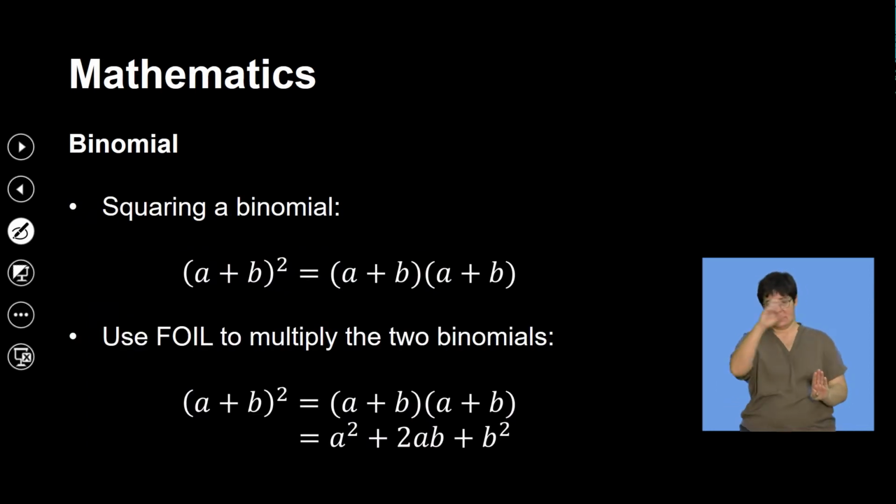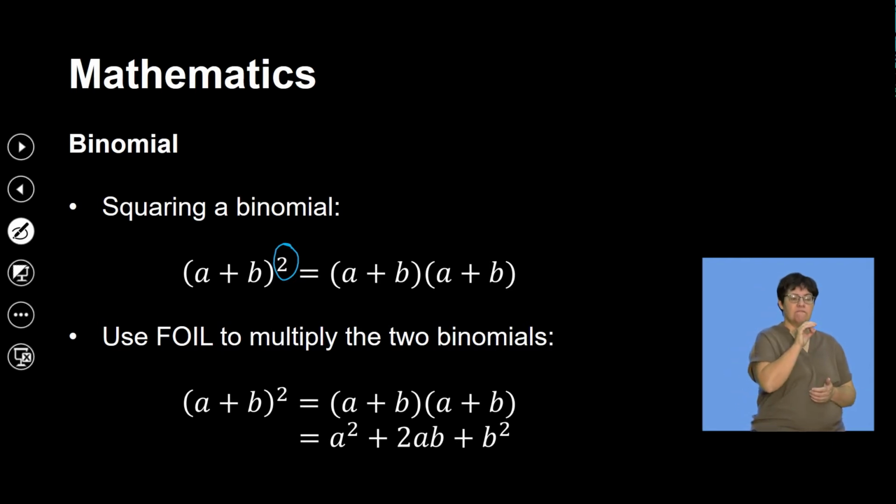Now, when you're squaring a binomial, remember that when we did exponents a long time ago, we looked at what exactly this 2 means. The 2 means that whatever is inside the bracket is multiplied by itself. If it's 3, it means it is multiplied by itself 3 times. If it's 4, it's multiplied by itself 4 times.